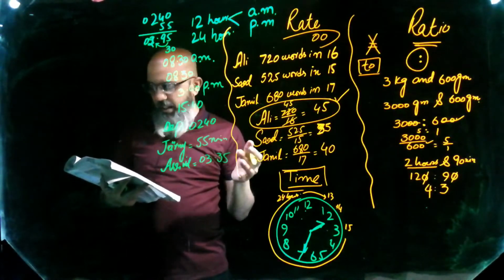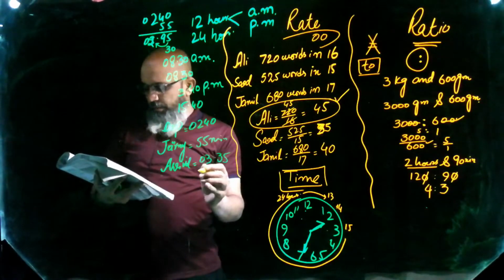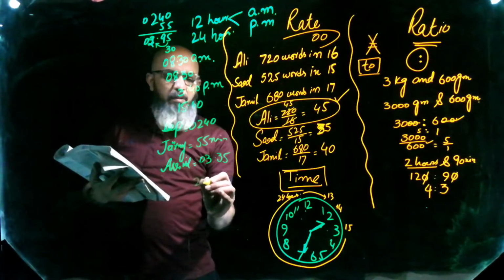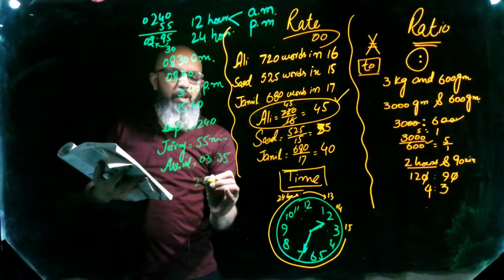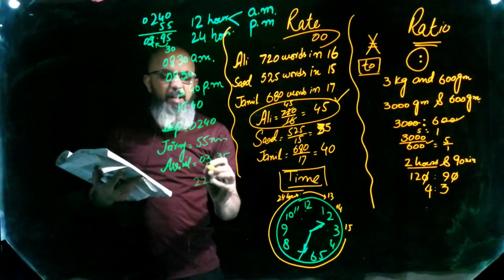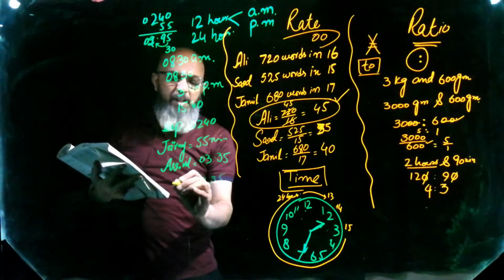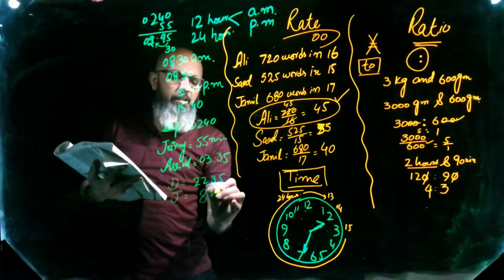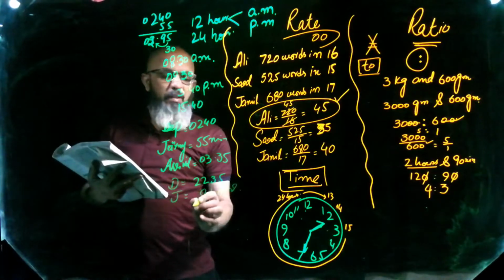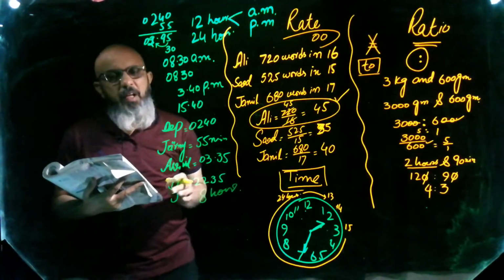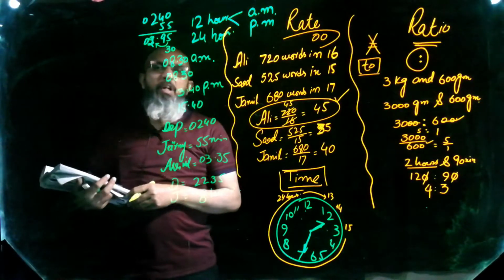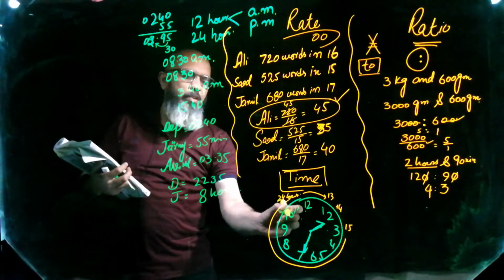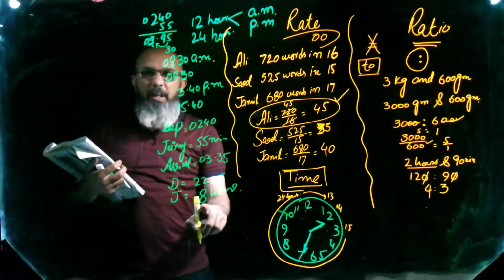Similarly, let's see another example. The departure time of the train is 22:35, right? And its journey time is 8 hours. 22:35 means it is night. Now we have to add 8 hours.